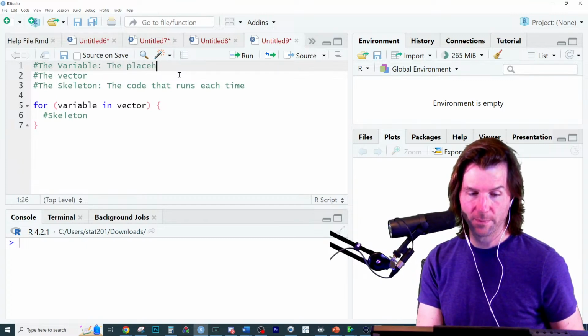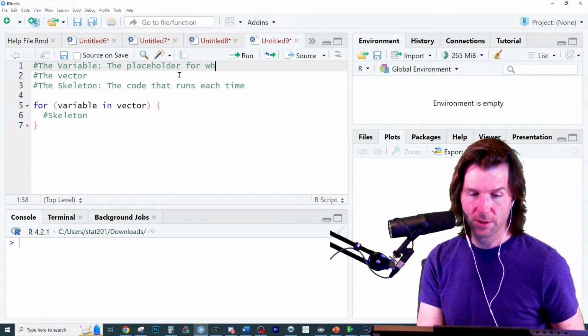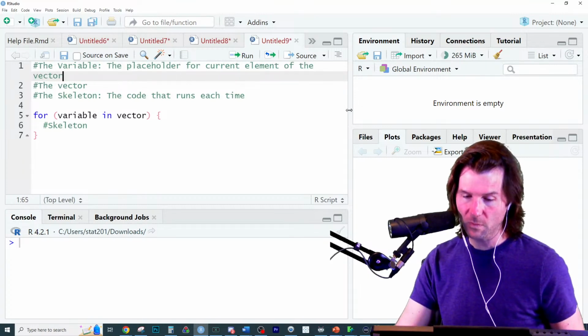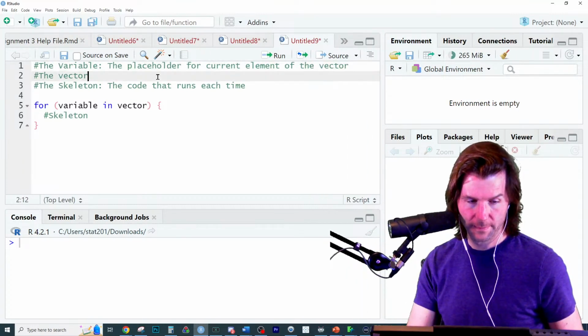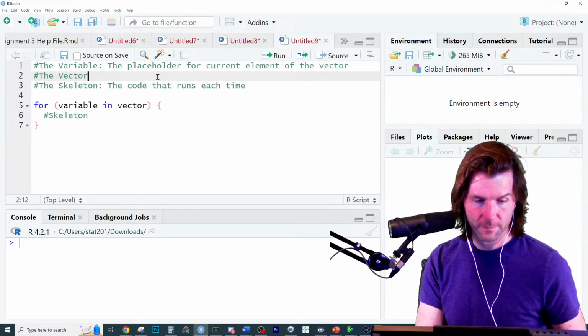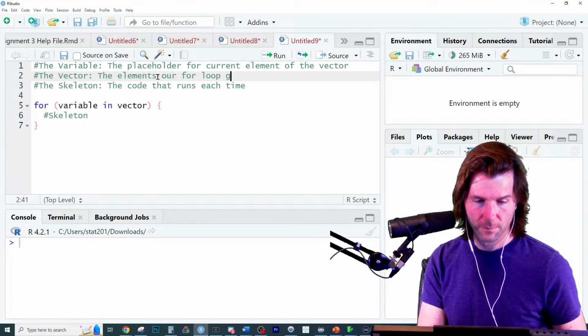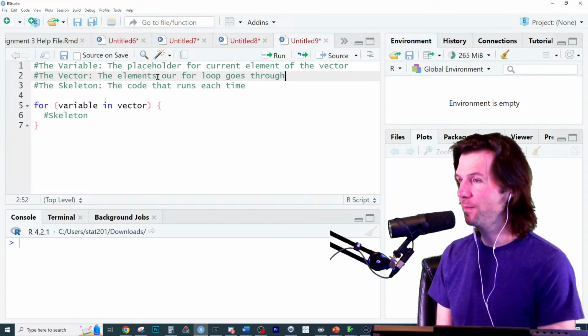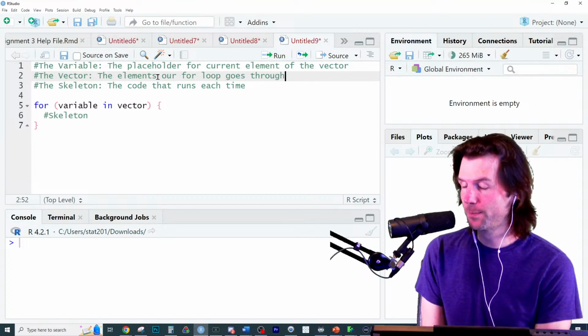The placeholder for the current element of the vector. And then the vector. This is what everything is.